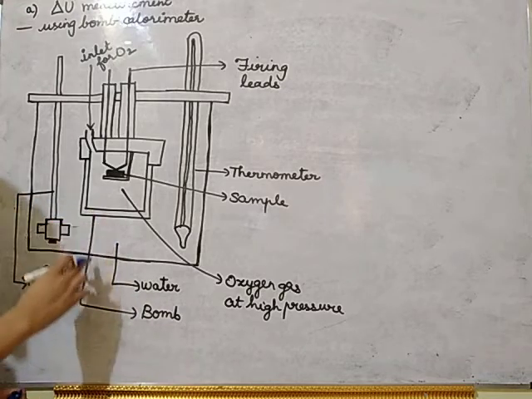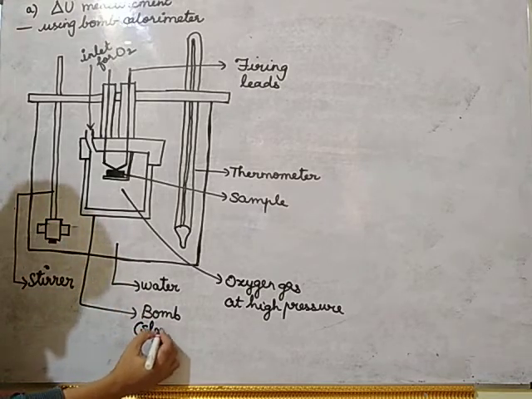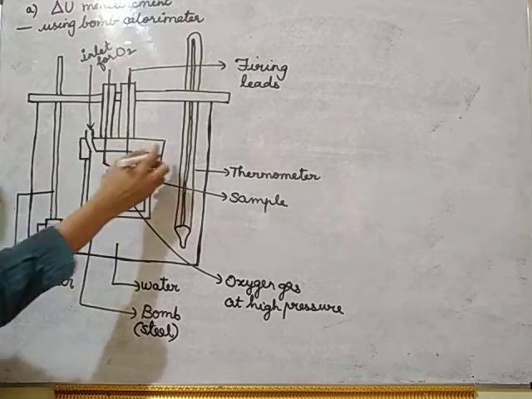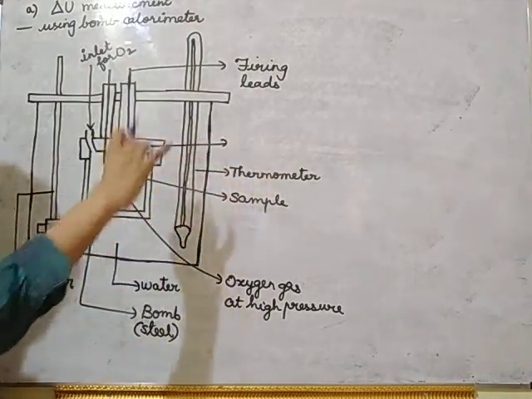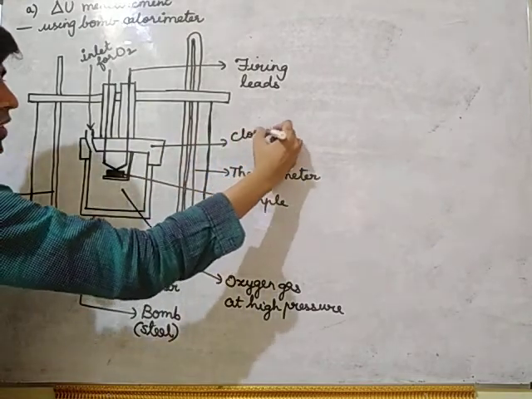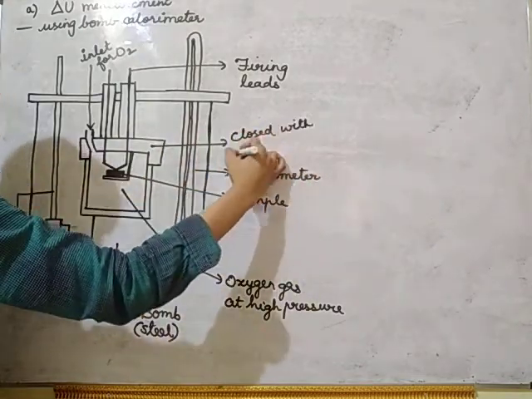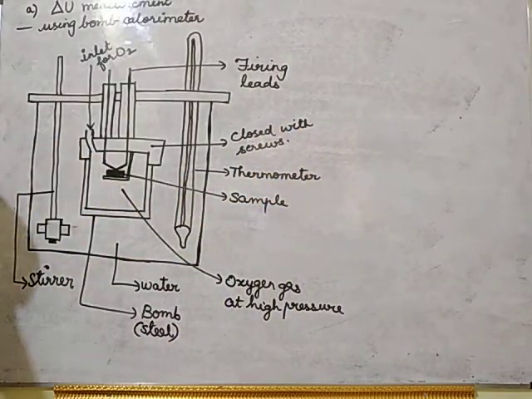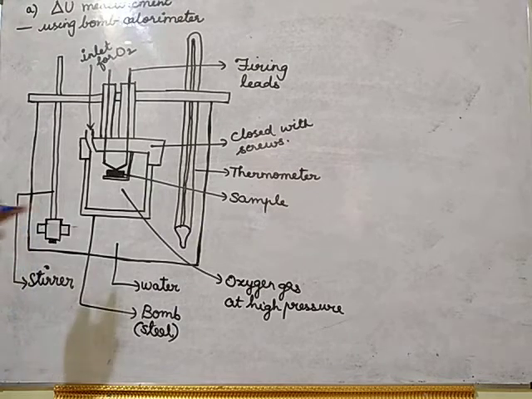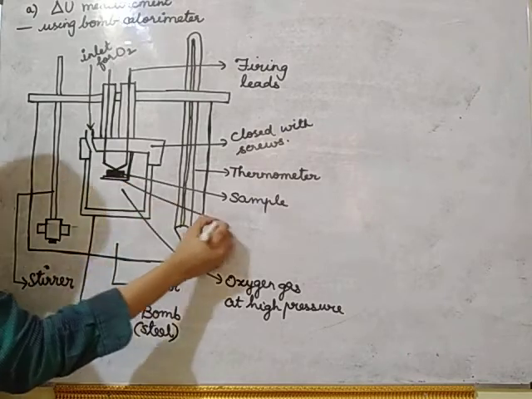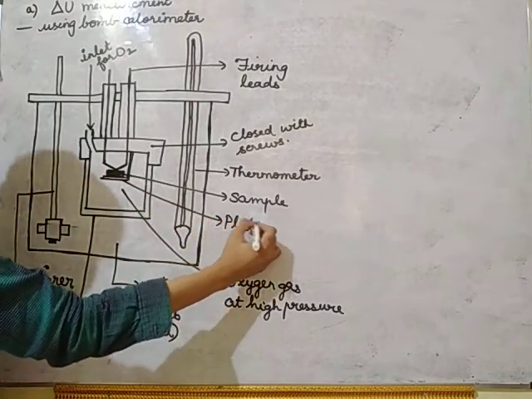This bomb, this vessel, is made of steel. The lid is tightly closed with the help of screws. The sample is taken in a cup. This cup is made of platinum.